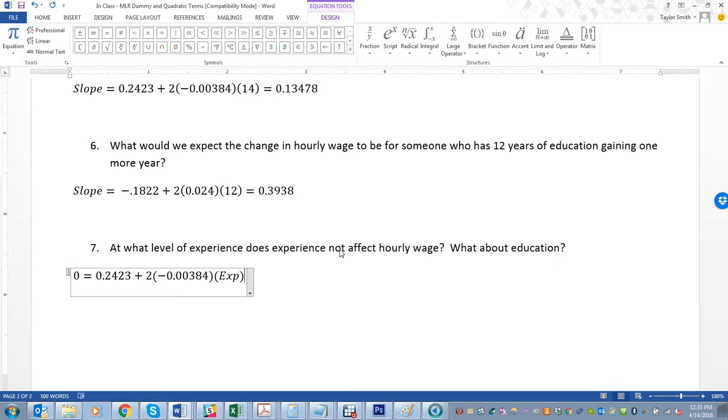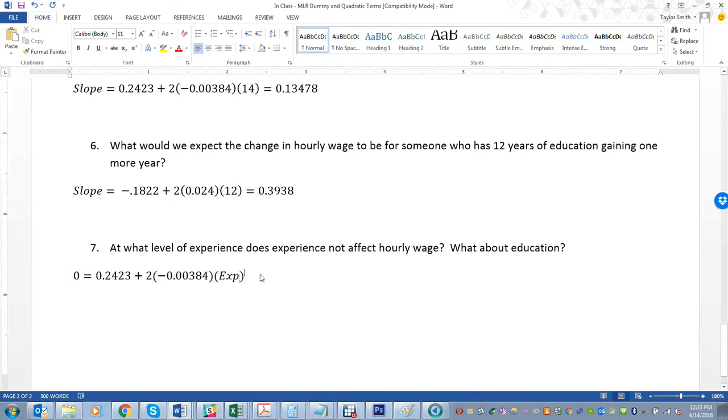What we're going to do is solve for our level of experience. So how do we do that? Well, the first thing we'll do is subtract from both sides, we'll subtract this 0.2423. And so what that does is that leaves us with, let me see if I can be awesome here.